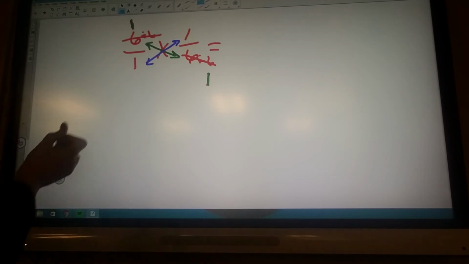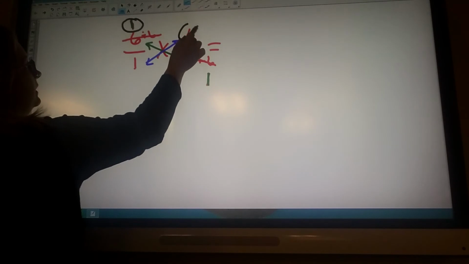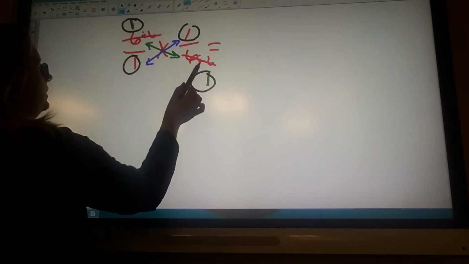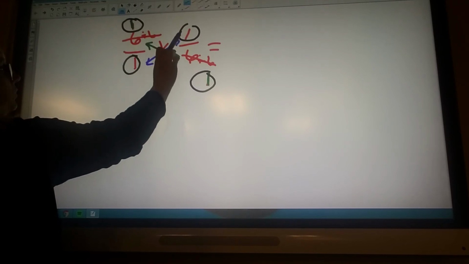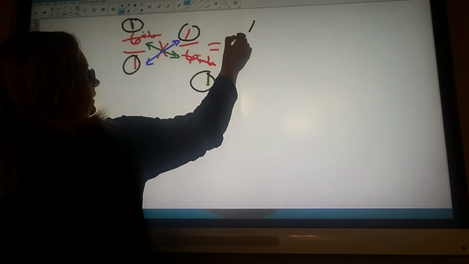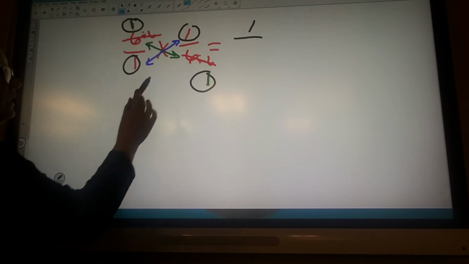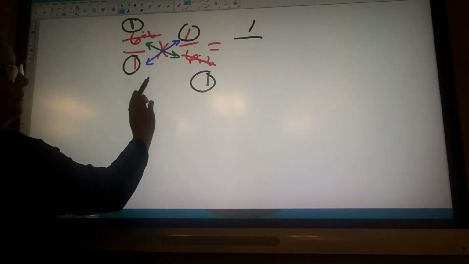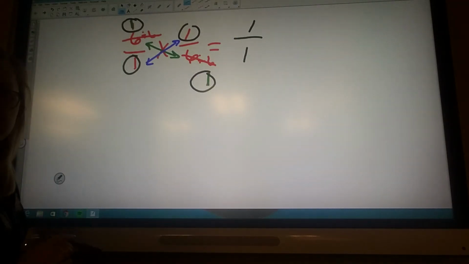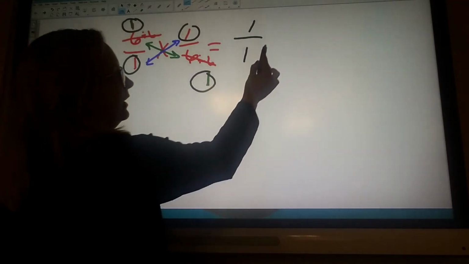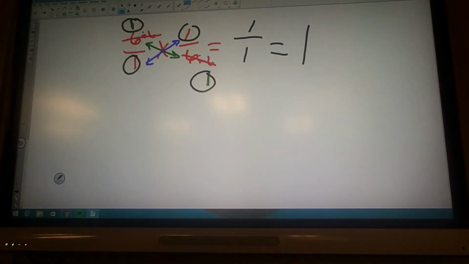So I can't do anything with that. So then I would still multiply across. Top number 1 times 1 means my top number for my product, the answer, is 1. Then I would also have to multiply the bottom numbers. 1 times 1 is 1. So my fraction that I got as an answer is 1 over 1, which equals 1. That is also a reciprocal.